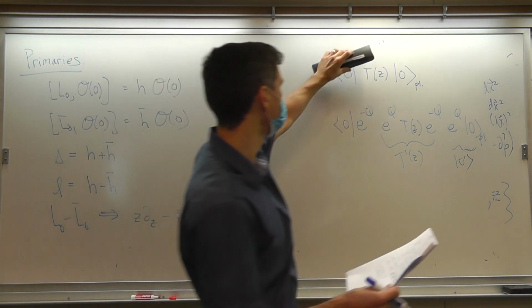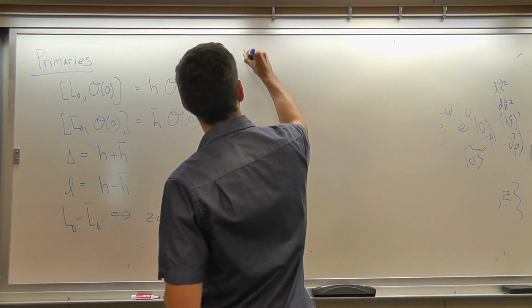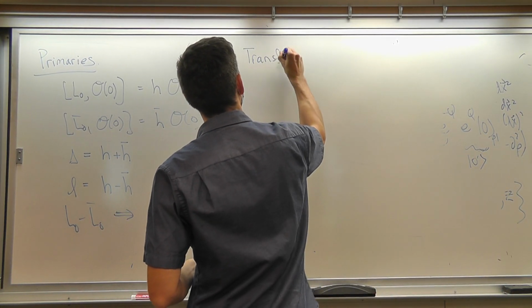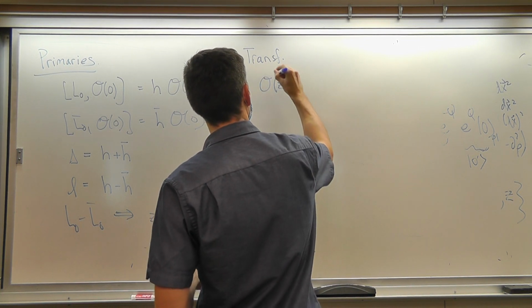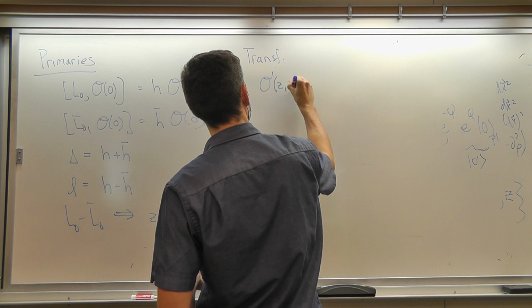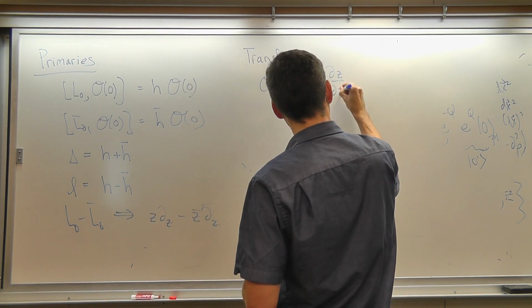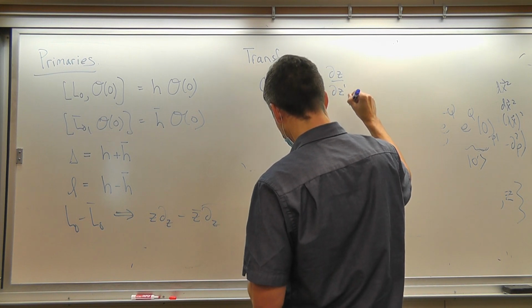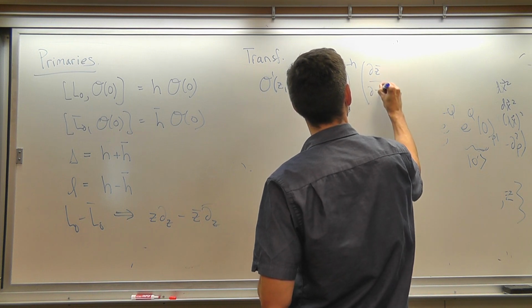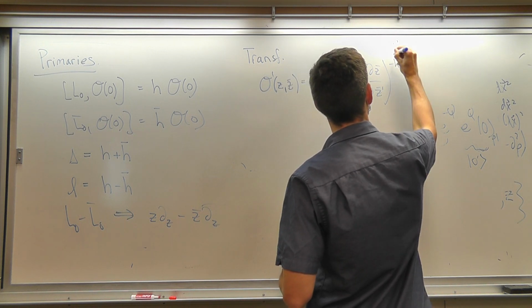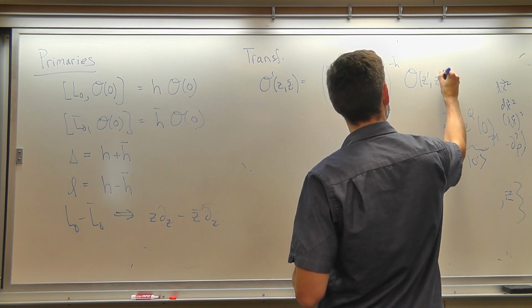The conformal transformation is O prime of z, z bar equals dz'/dz to the minus h, dz bar'/dz bar to the minus h bar, O of z prime, z bar prime.